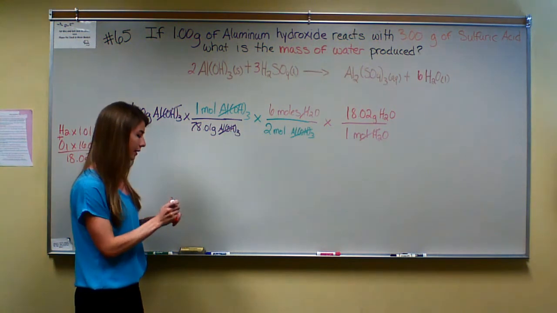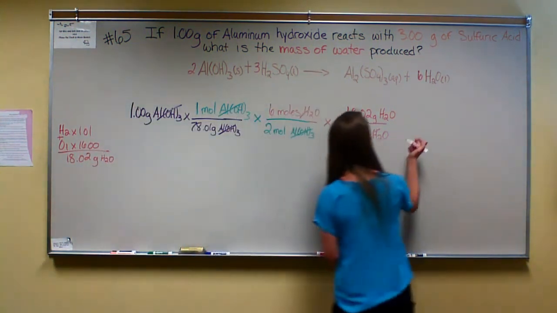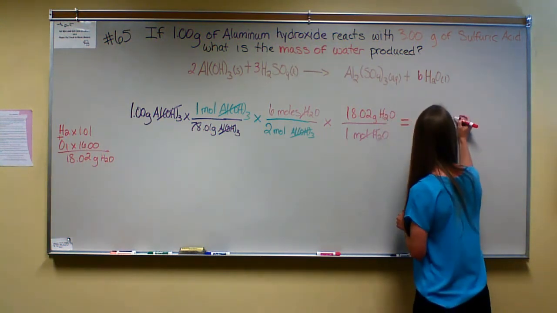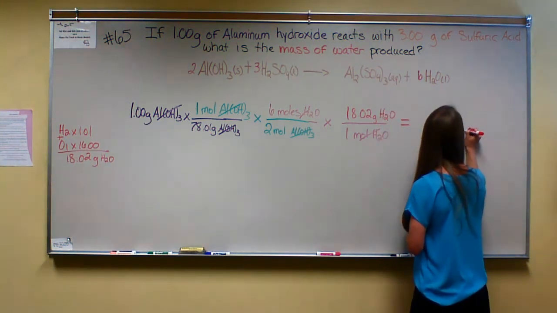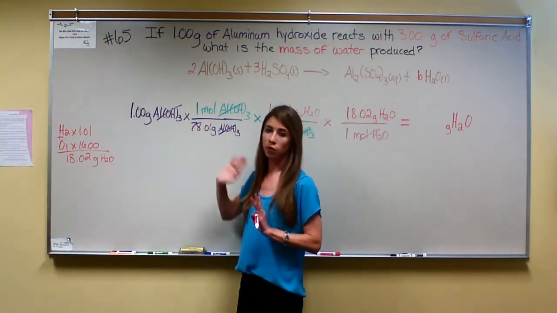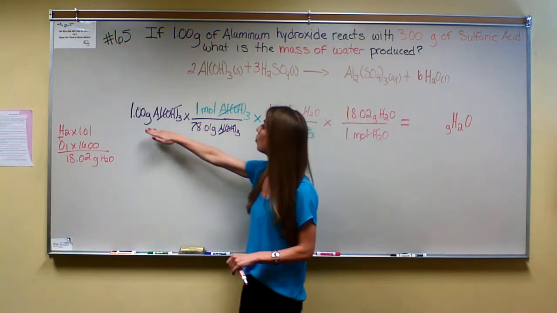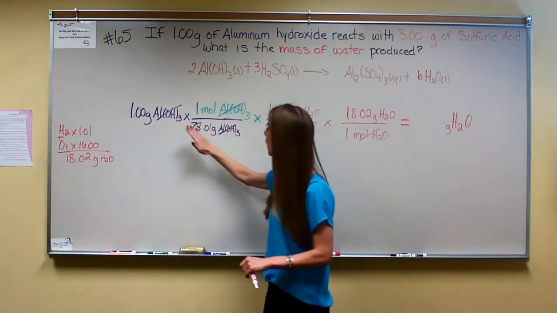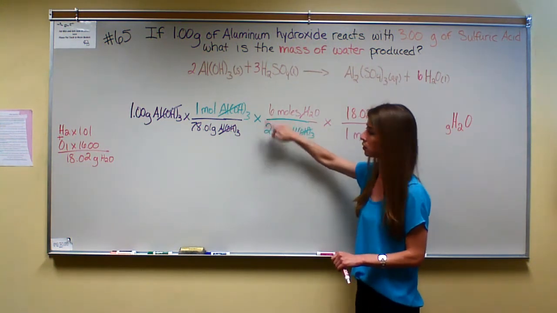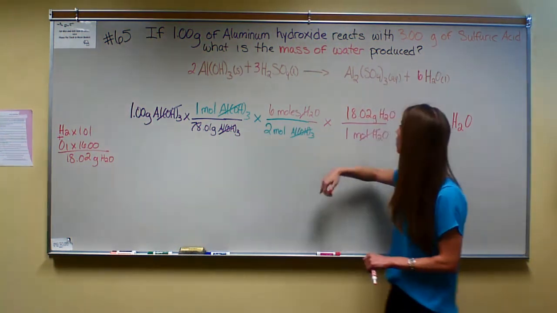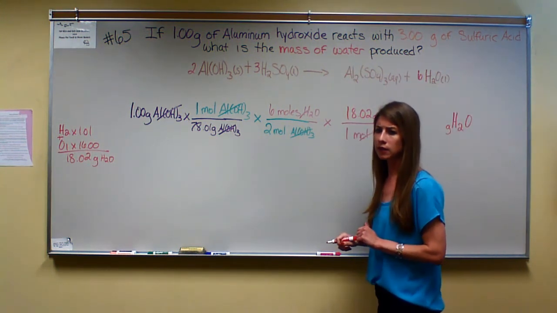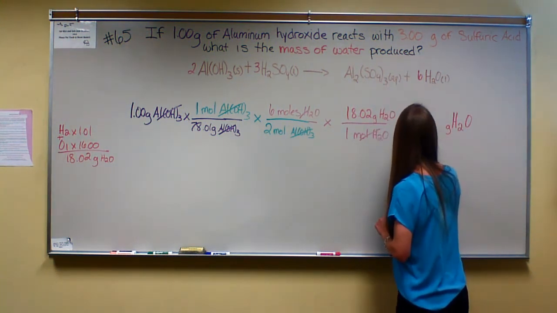So our last step is going to be finding out how many grams of water we have with 1 gram of aluminum hydroxide. From here on out, it's all math. So 1 gram divided by 78.01 grams, multiplied by 6 moles, divided by 2, multiplied by 18.02, and that gives us 0.692.